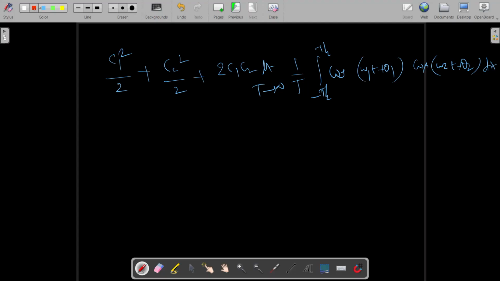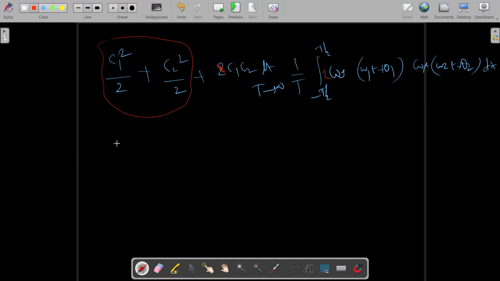For now, we can manipulate this. Instead of keeping 2 here, we erase this 2 and keep it here. Now this looks like the formula 2 cos A cos B. What is the formula for this? Let us keep this 2 as it is. Let us work on this third term.